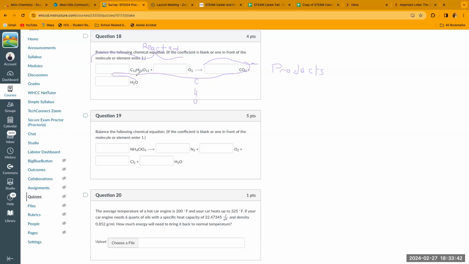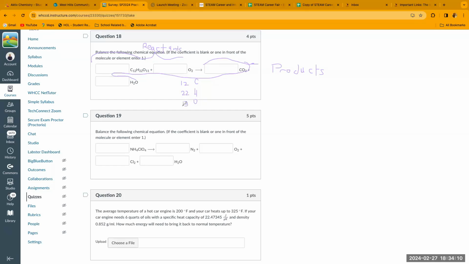Okay, so how many carbons do we have in our reactant? 12. How many hydrogens do we have in our reactant? 22. Okay. How many oxygens do we have in our reactants? 13. Okay.